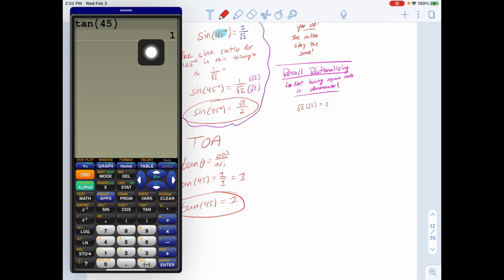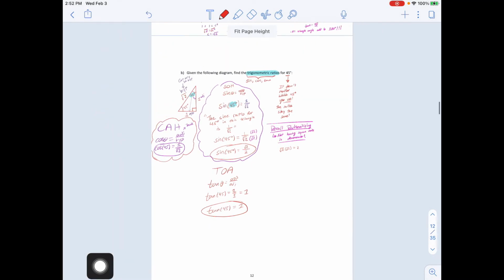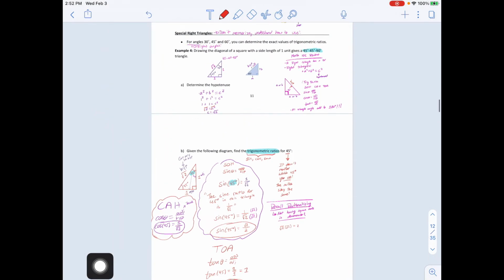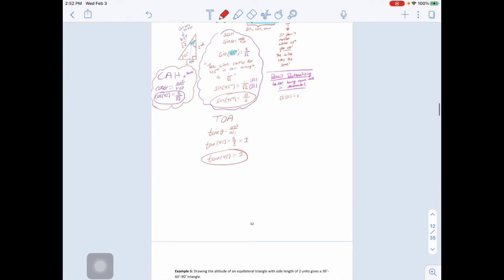It gives me 1. So see that? Tan 45 equals 1. Let's see if I take the inverse tan of 1. Well, then that pops out my angle, 45. So some things to note there. So that was our exploration of our special right triangle, 45, 45, 90.